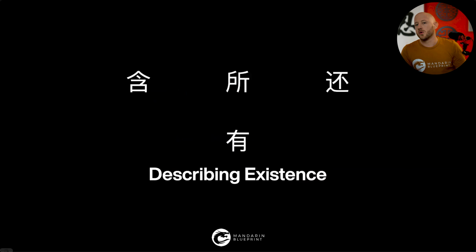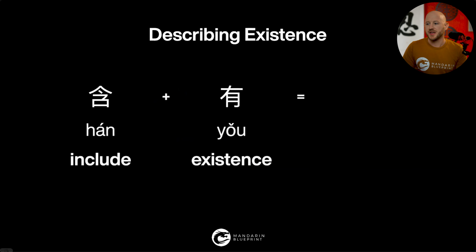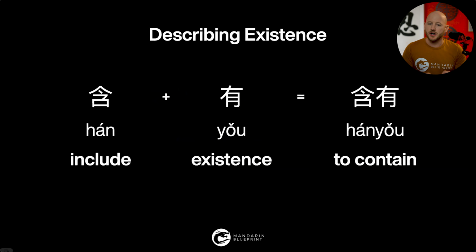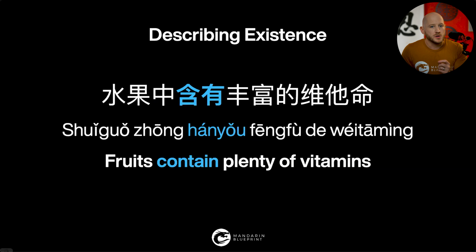Now, here are 4 words that also kind of hang on to that existence idea. For example, 含有. Han means to include, and then yo, existence, include existence. This means to contain, and it's often in the context of contained in a mixture of things. For example, 水果中含有丰富的维他命.